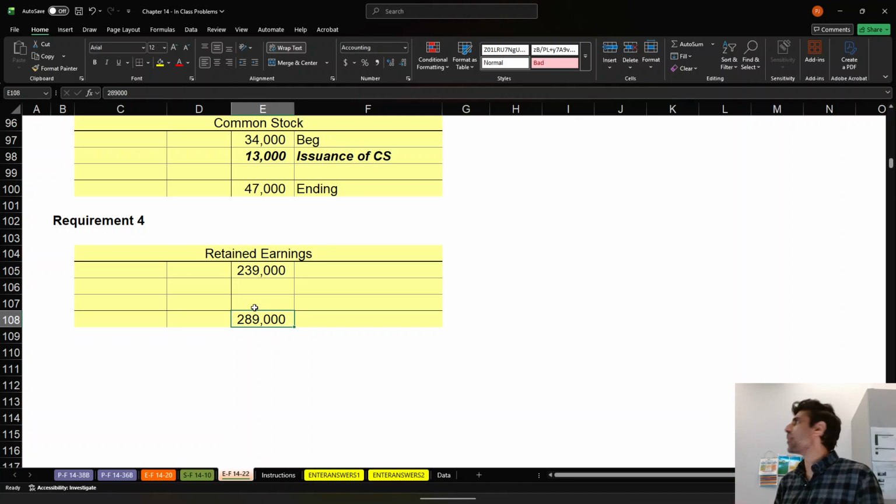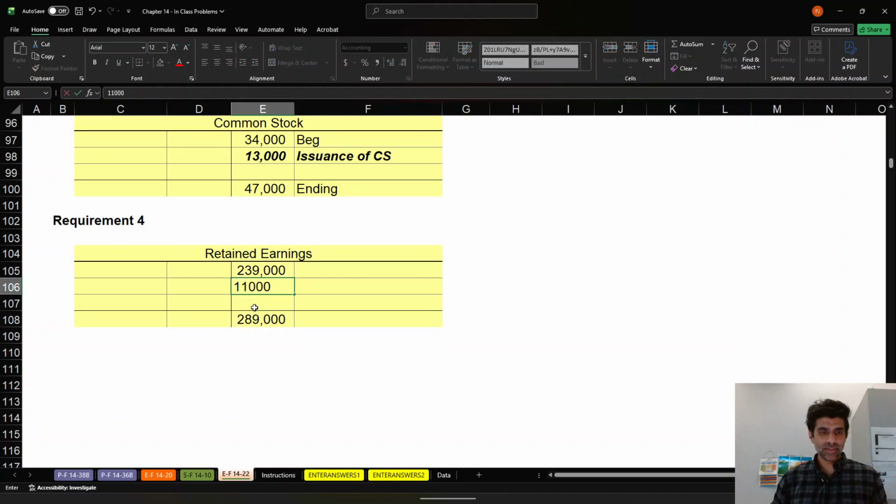Who has a confident response? Does net income increase or decrease retained earnings? Yeah, it increases. So is that a credit or a debit to retained earnings? Credit. Okay, good. So this is net income.